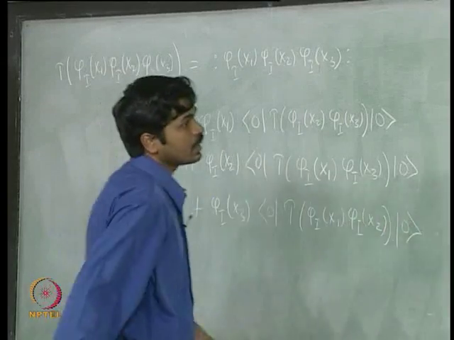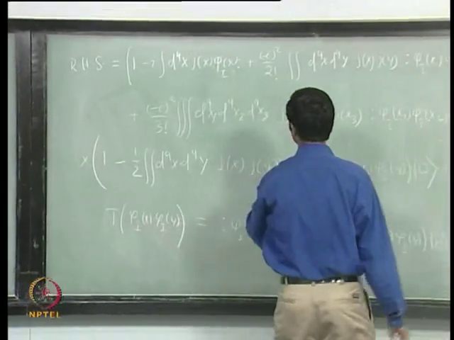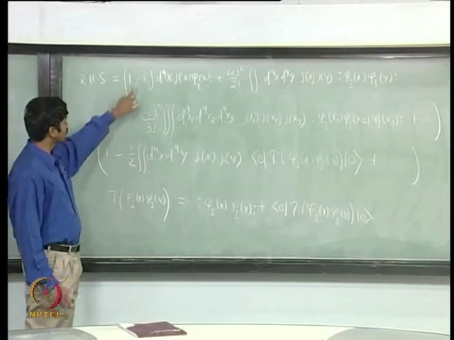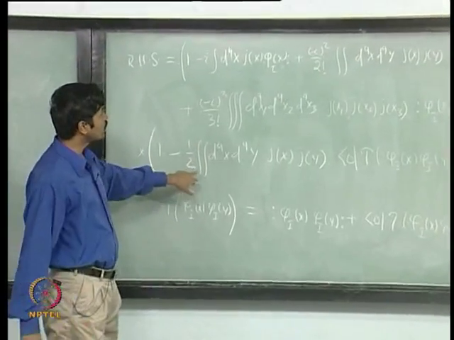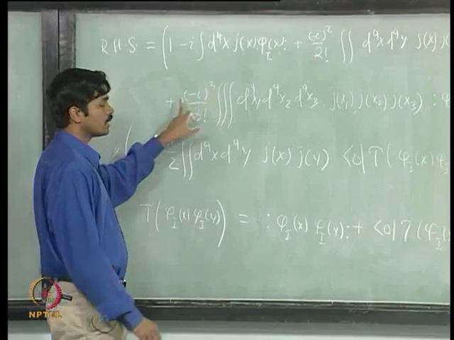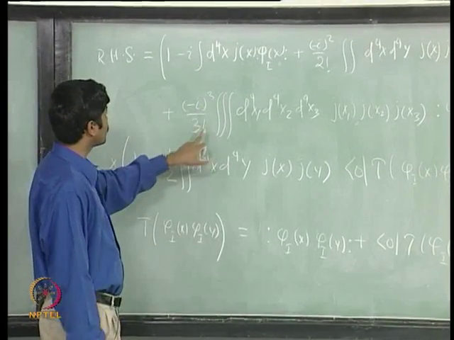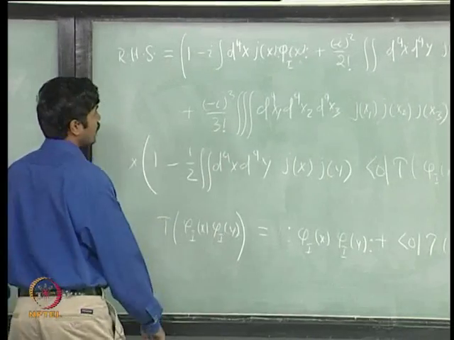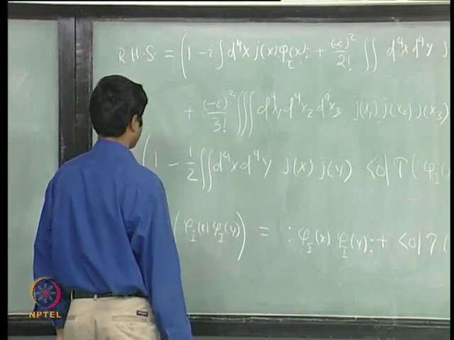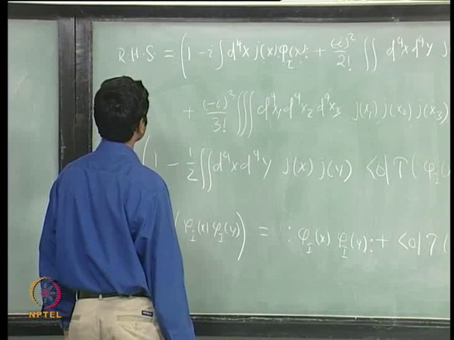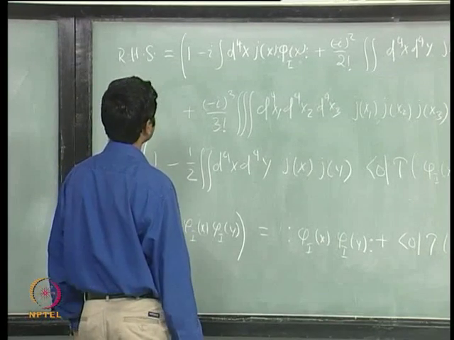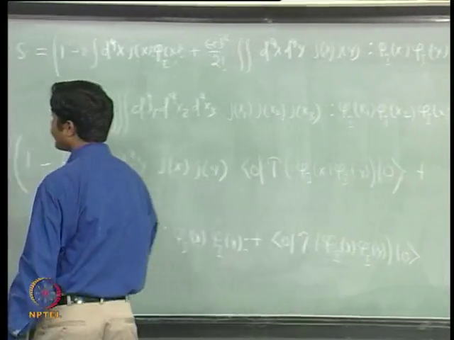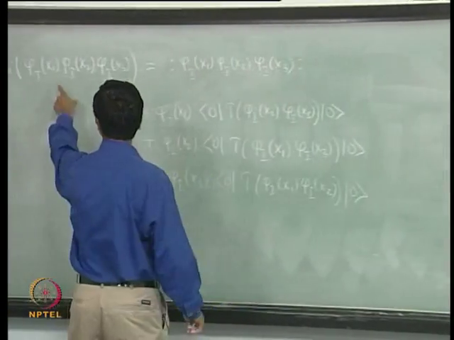The point is the following: you multiply this term with this term. The coefficient here is plus I over 2, but the coefficient here, as you can see, is minus I over 3 factorial. Okay. So, now the point here is that it is completely symmetric between x 1, x 2, x 3.